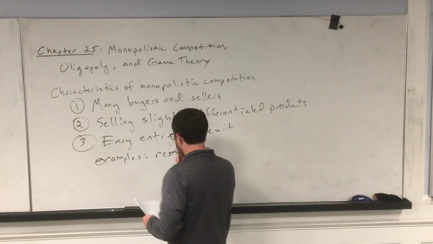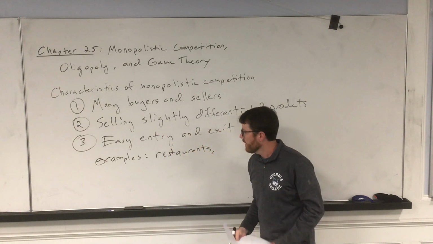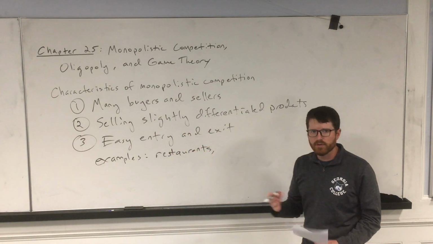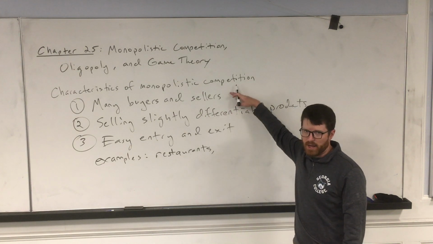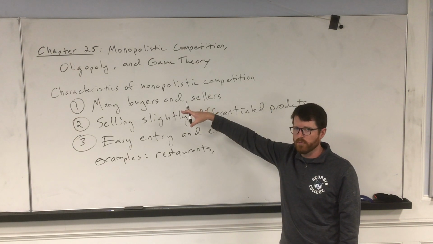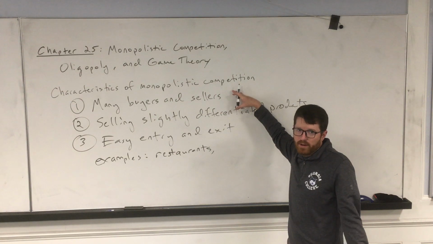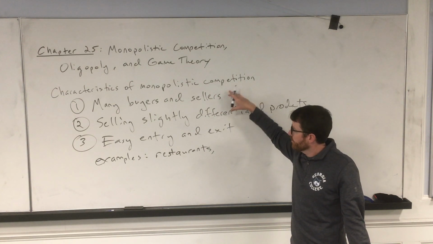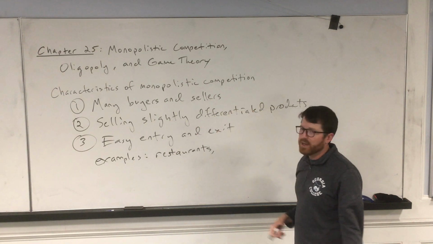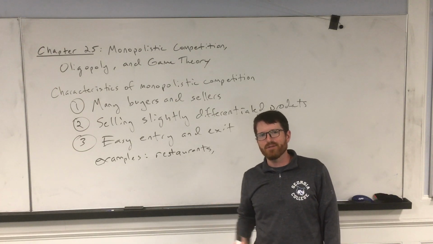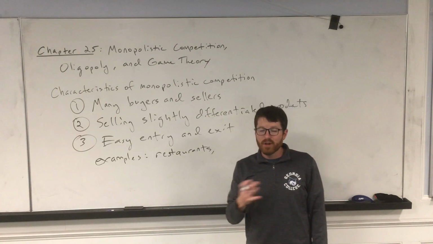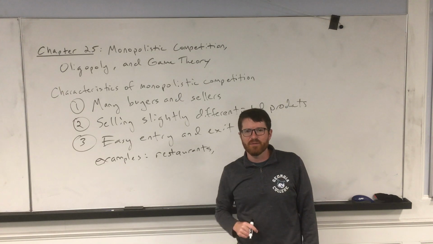Right off the bat, here's a good one, restaurants. If you think about restaurants, they fit all of these characteristics. There are many buyers and sellers, so there are many people who consume at restaurants, and there are many restaurants that exist that are selling the products. Slightly differentiated products. If you walk into a restaurant, there's going to be a lot that's similar to another restaurant, but slightly different.